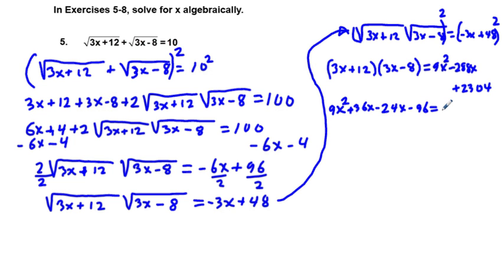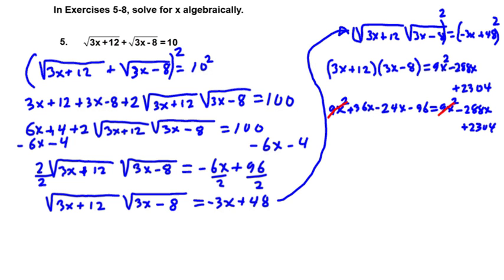And on the right side, we still have 9x squared minus 288x plus 2304. And on both sides of the equation, the 9x squared terms cancel each other.